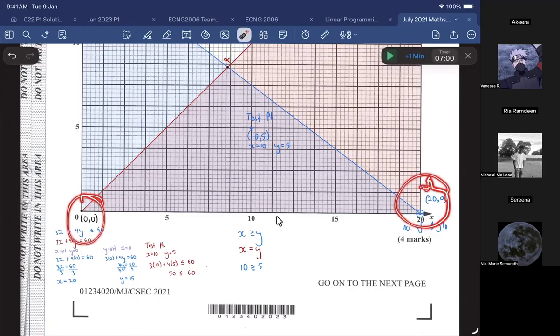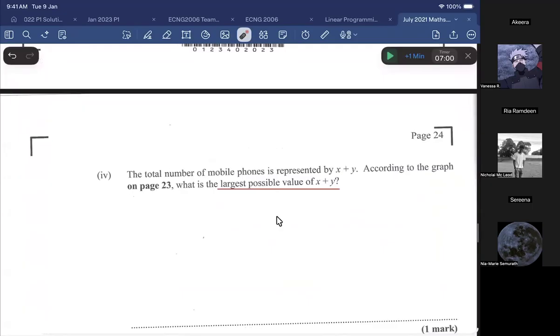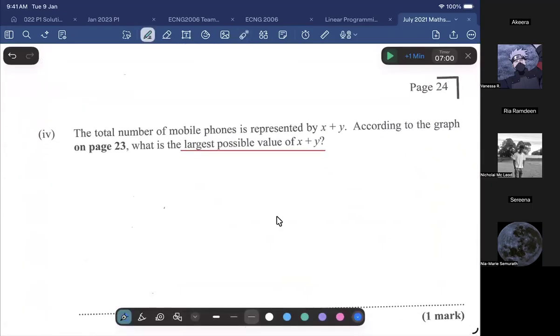The 20, 0, sir, because they're asking us for the largest possible value of x plus y. If you add 0 and 0, again 0. If you add 20 and 0, what are you getting? 20. Does everybody understand that? So the answer is 20.